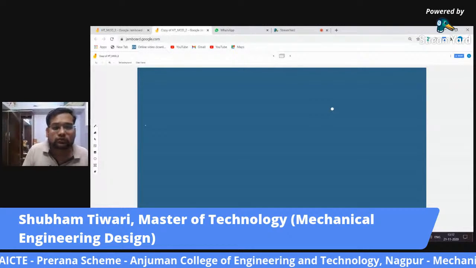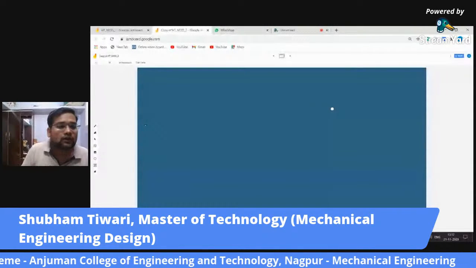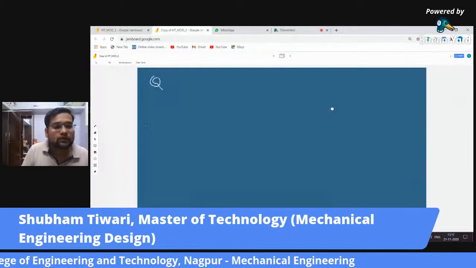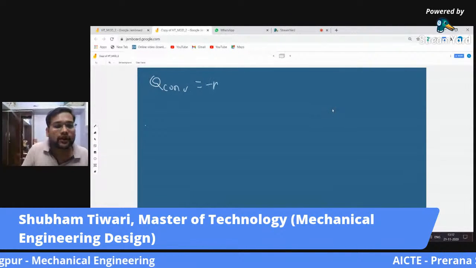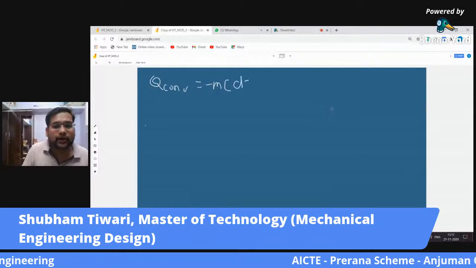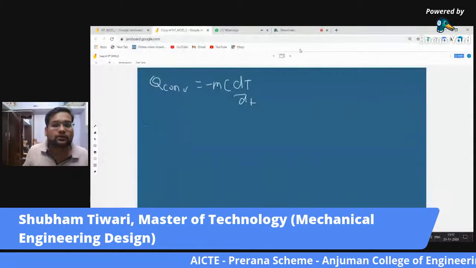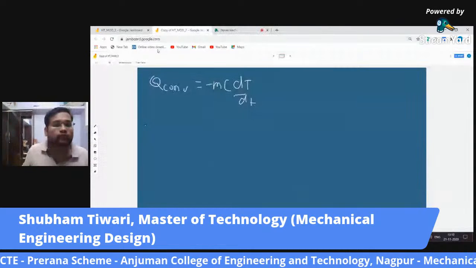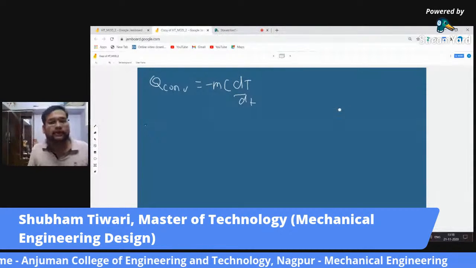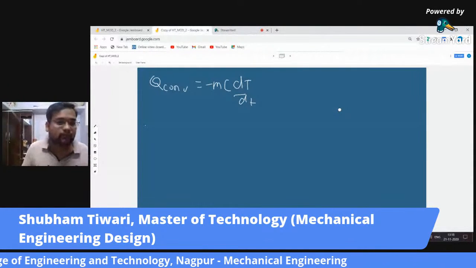So yes, Q convection was equal to minus mc dT by dt.